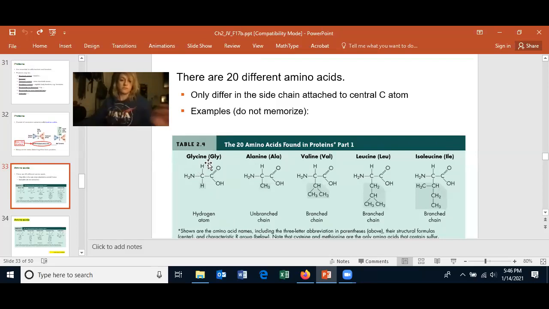All it is is a hydrogen atom in the R group. Excuse me, the R group's down here. You can have a methyl group in alanine. You can have a branched methyl group in valine. And actually all of these are nonpolar amino acids. That one too is nonpolar.